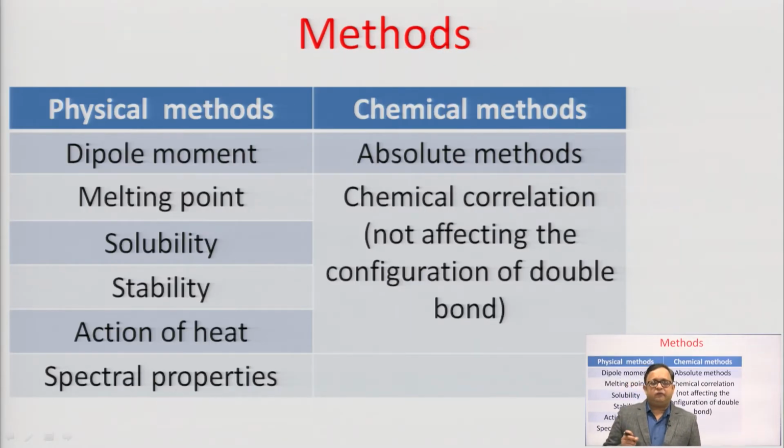In a nutshell, the methods that can be utilized for the determination of configuration of geometrical isomers are physical and chemical methods. We can say physical methods as class A and chemical methods as class B. Now, which physical methods can we use for assigning the geometric configuration?